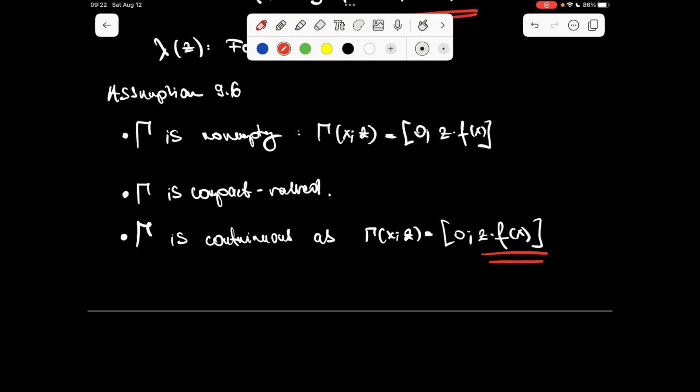So gamma as a correspondence is given by two continuous functions. Its lower bound and its upper bound are continuous functions. So gamma is continuous, just like in the deterministic case, where we saw that if a correspondence gamma is given by two continuous functions, it is continuous. So assumption 9.6 is satisfied.